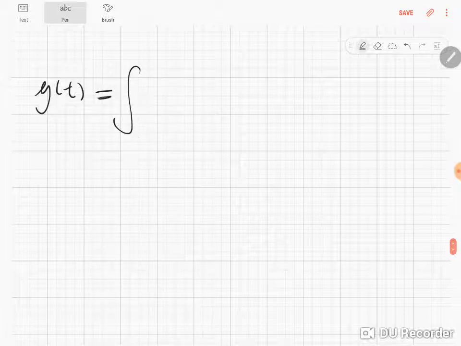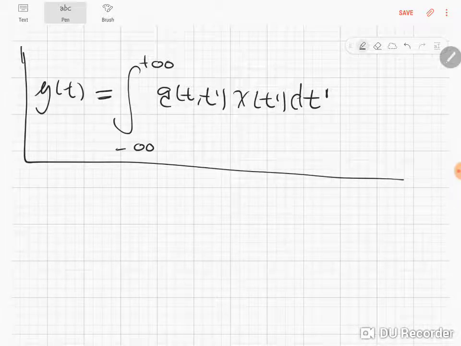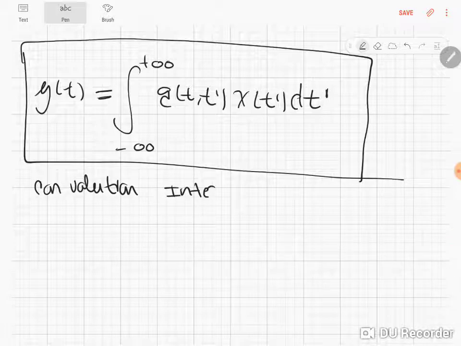And in that way, we can write the response of the system, y of t, an arbitrary response of an arbitrary system, as a convolution integral from minus infinity to plus infinity of some arbitrary kernel g of t comma t prime times some excitation evaluated at t prime, and we integrate over dt prime. So this is what is called the convolution integral.